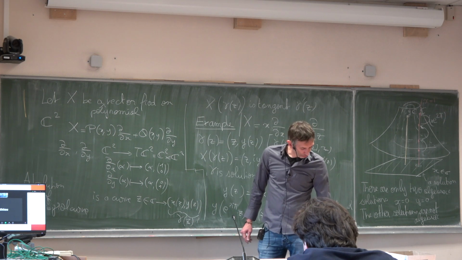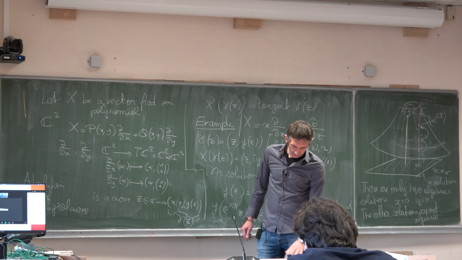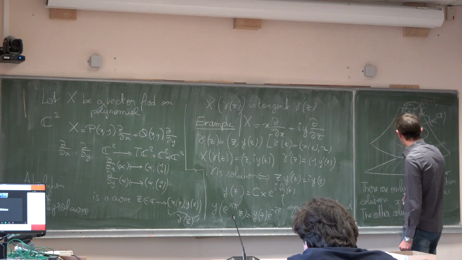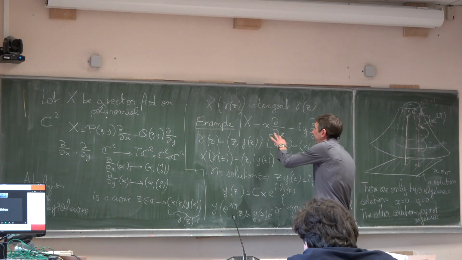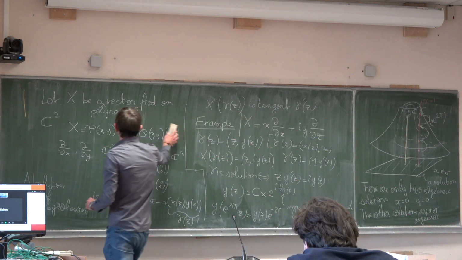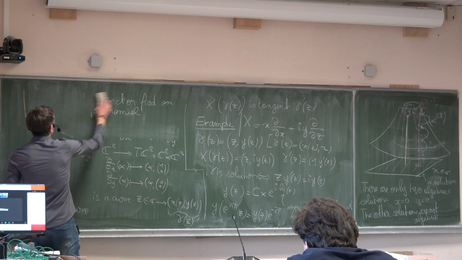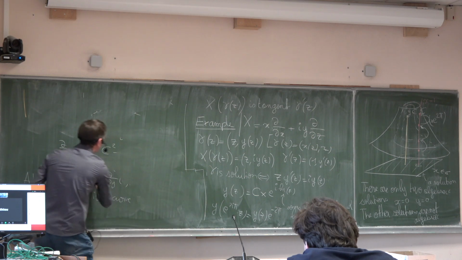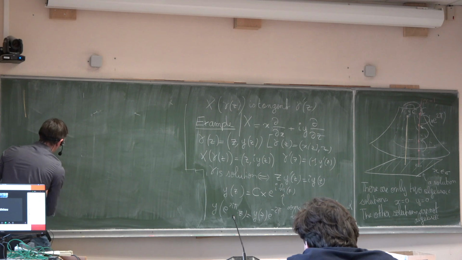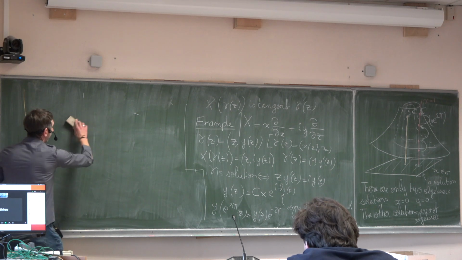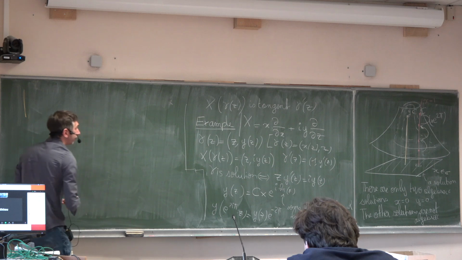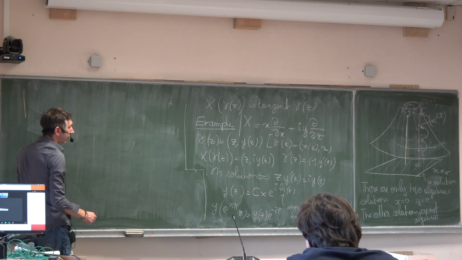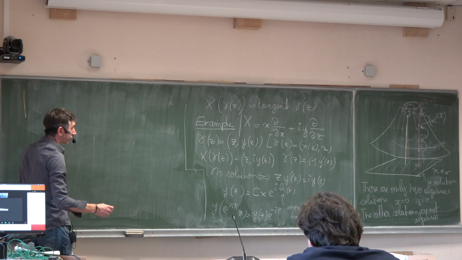Let me just make a small remark here. Again, with that example, I can make the following remark. A vector field X, like the one I introduced in the very first definition, can also be viewed as a derivation on the space of polynomial functions.